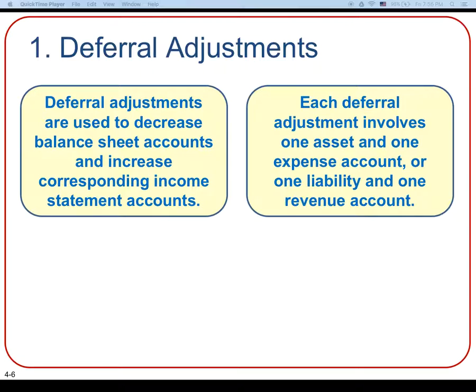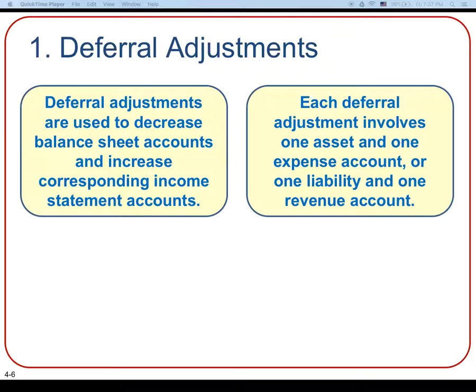The deferral adjustments are used to decrease the balance sheet account amount and increase the corresponding income statement accounts. So always remember, when we have to adjust the unearned revenue, you have to decrease the unearned revenue and increase the revenue, which is an income statement account.